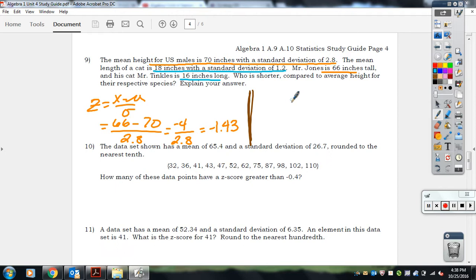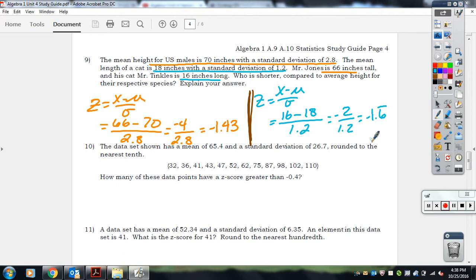Let's talk about Mr. Tinkles. It's again x minus mu all over sigma, the z-score. Plugging in x as 16 inches, minus the average 18, over the standard deviation 1.2. So this is -2 divided by 1.2, which is -1.6 repeating.